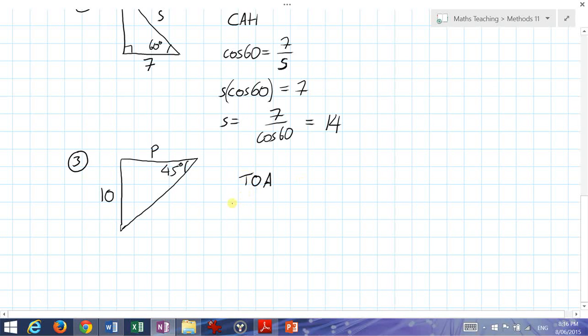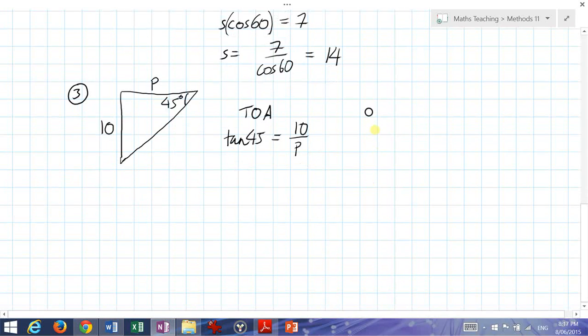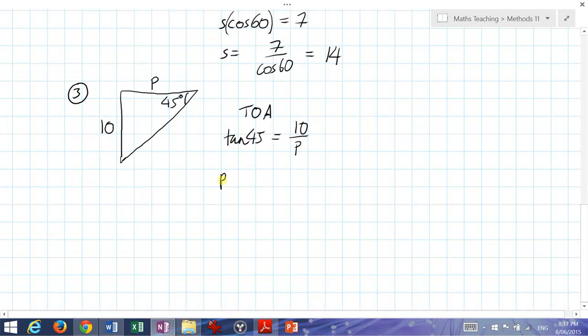That means tan of my angle equals my opposite, which is 10, divided by P, the adjacent. Times both sides by P to get P tan of 45 is 10, and then P equals 10 on tan 45. On your calculator, you get that P equals 10. So that length of that triangle is 10.